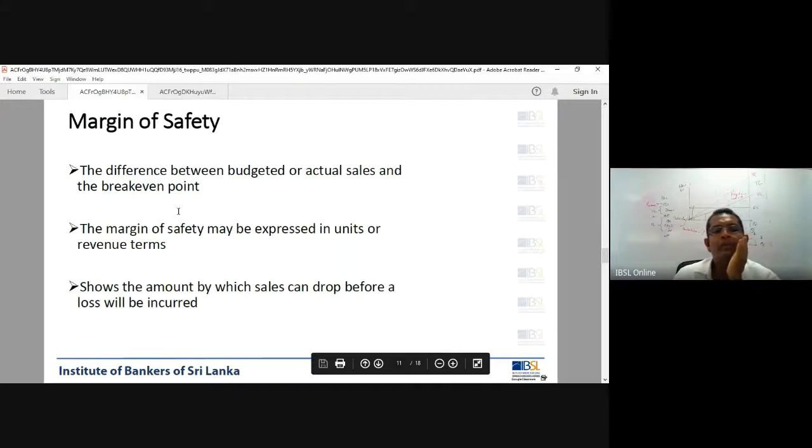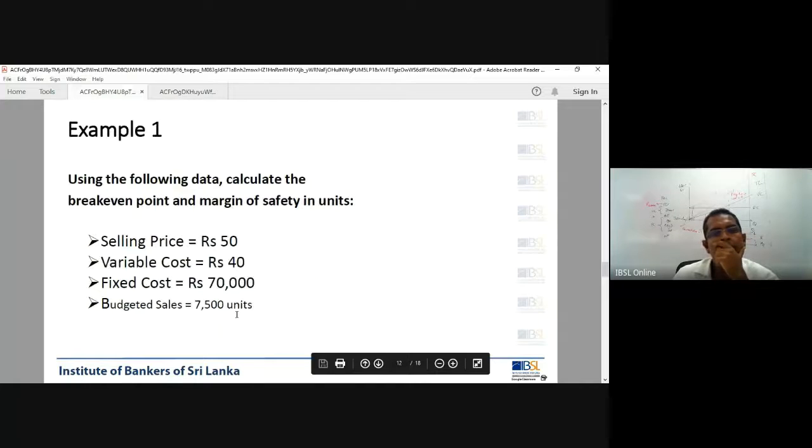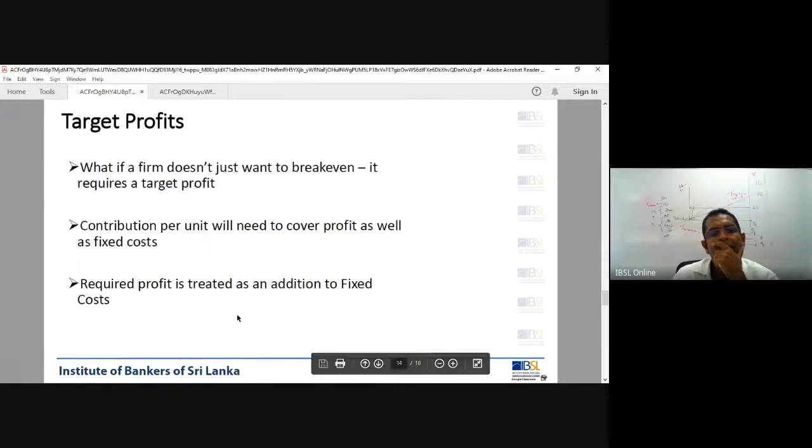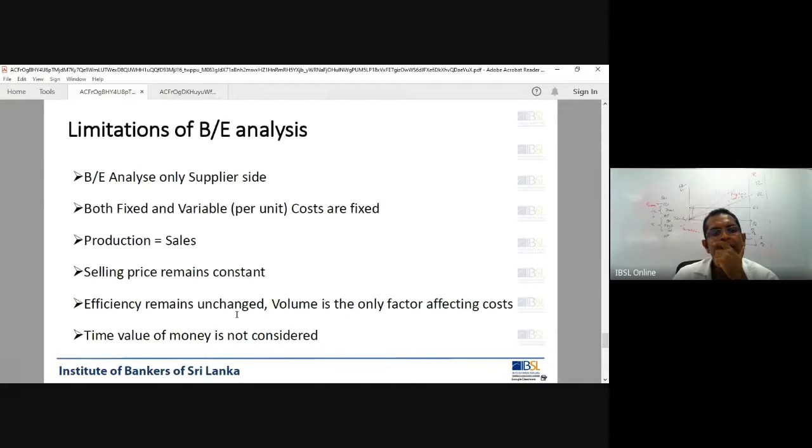Margin of safety, the difference between budget and actual, the margin of safety may express in units. So revenue we discussed, show the amount by which sales can drop before a loss will occur. Right? We have some examples, we do that separately.